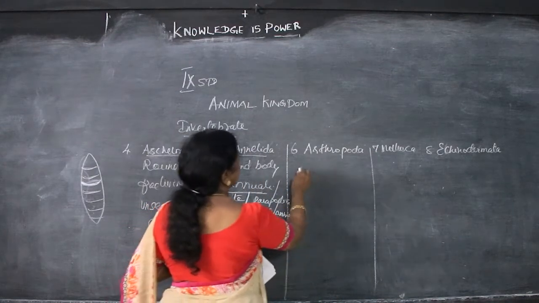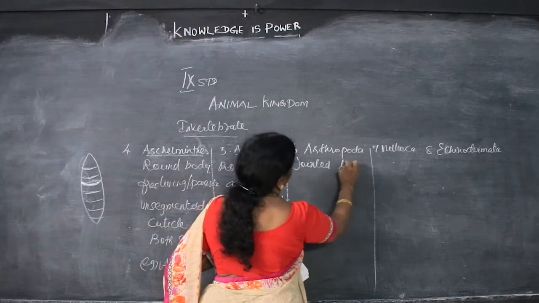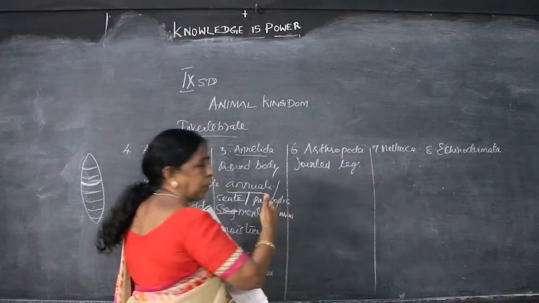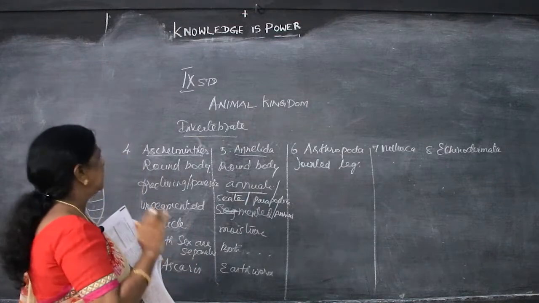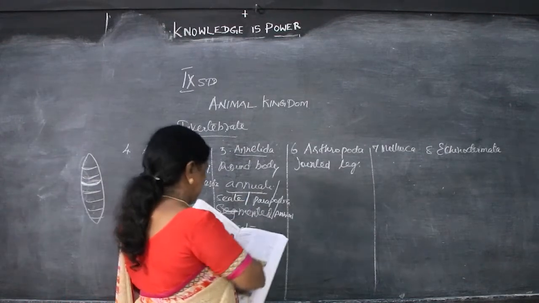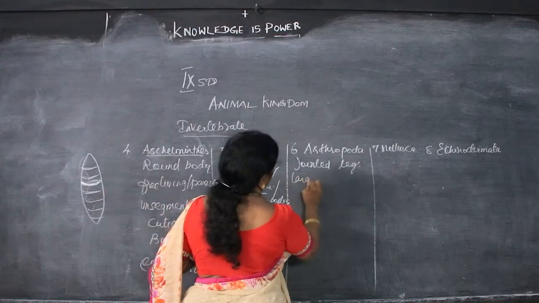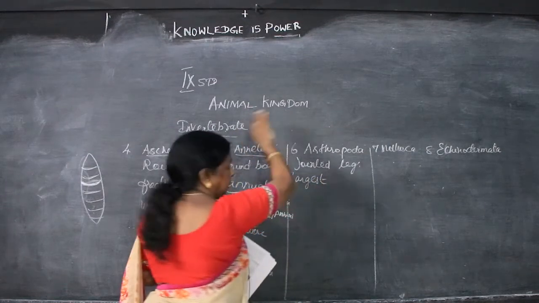That is animals with jointed legs. We cannot say round body or flat body, this is jointed legs. Their legs are jointed. This is the largest phylum when compared with all the animal kingdom.